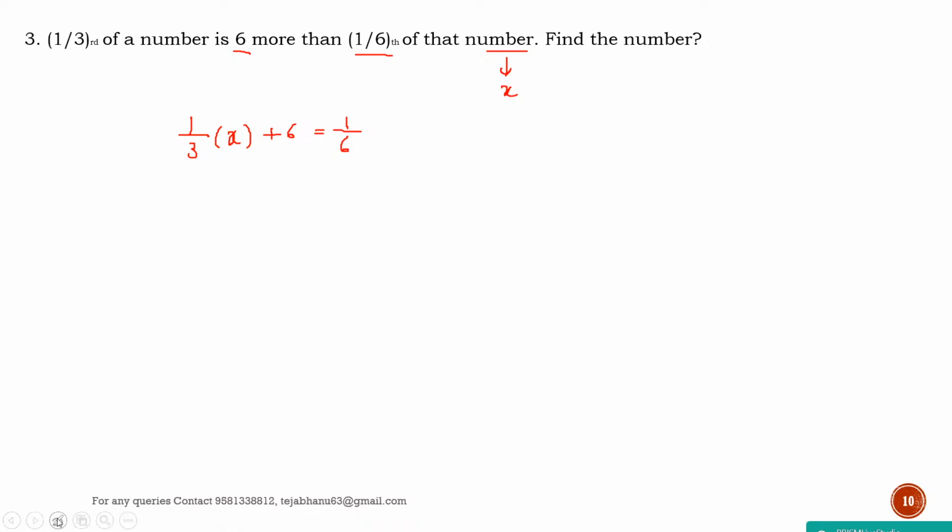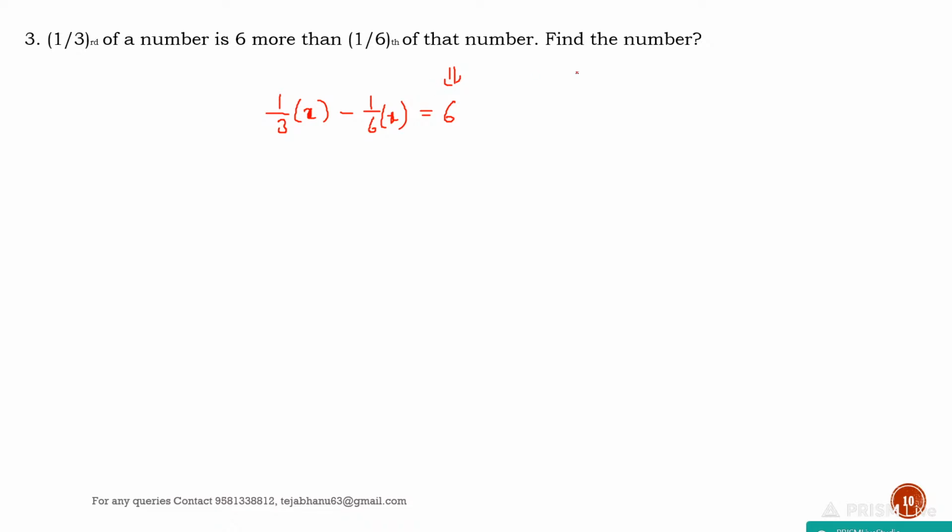One minute. 1/3 of a number is 6 more than 1/6 of the number. We can take it directly like this, no doubt about it, because if you subtract 1/6 of the number from 1/3 of the number, the difference is 6.